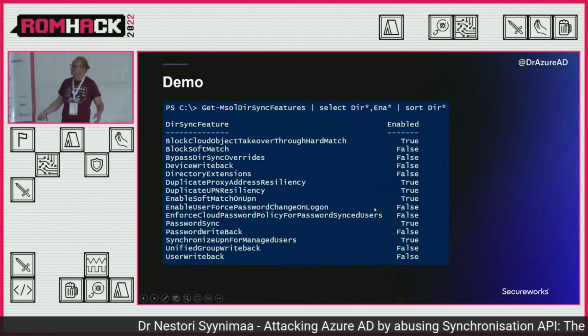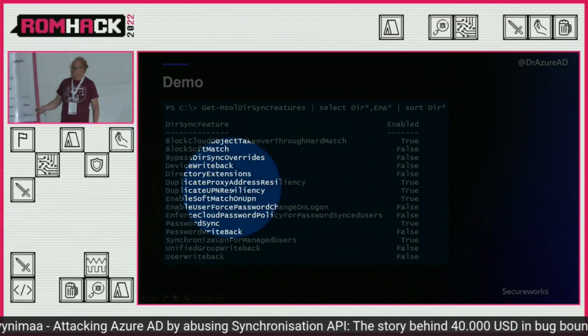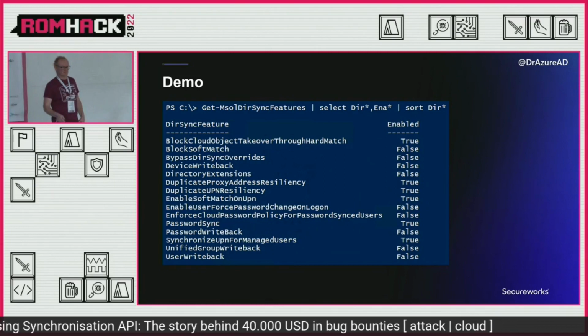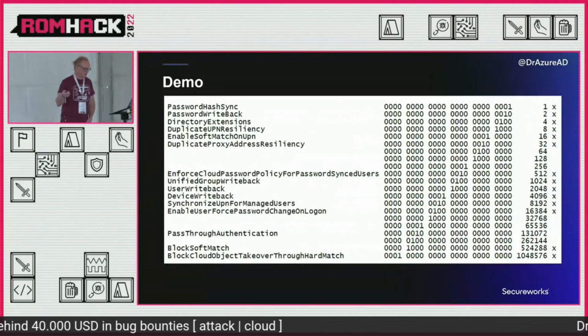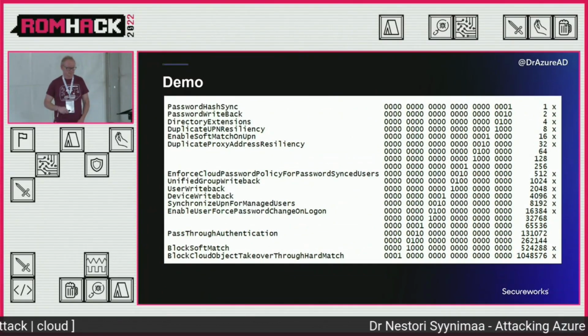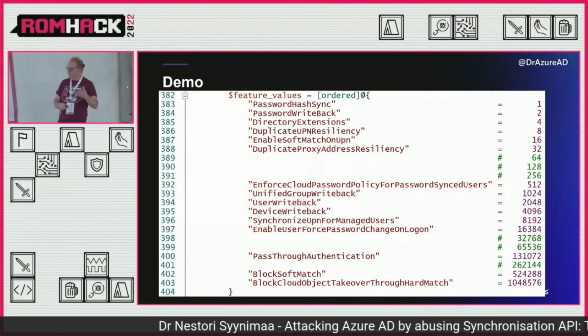I don't know what that means. Or what does duplicate UPN resiliency mean? I don't know, but I would assume that might break something, so I didn't even try that. Anyways, these were my notes about that, and then I implemented this stuff in Azure AD, or my AAD Internals.